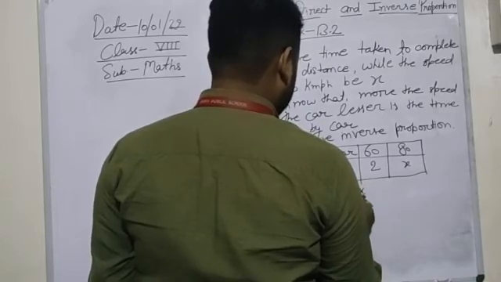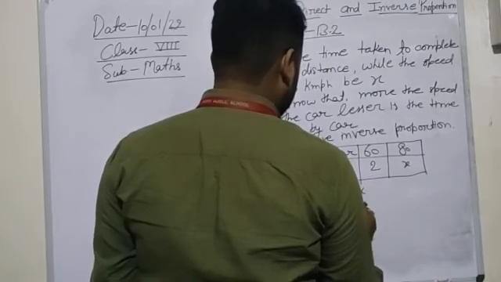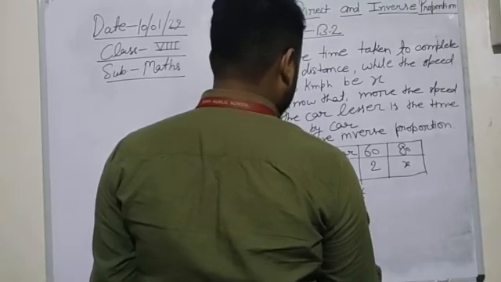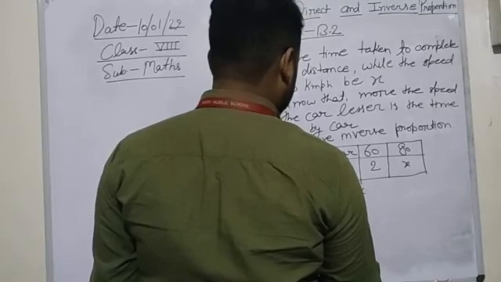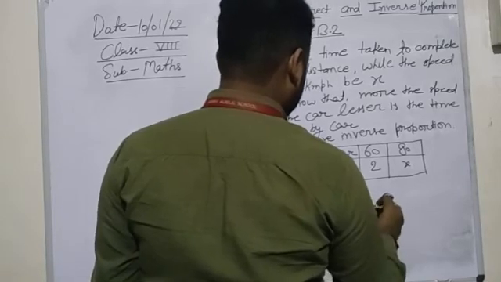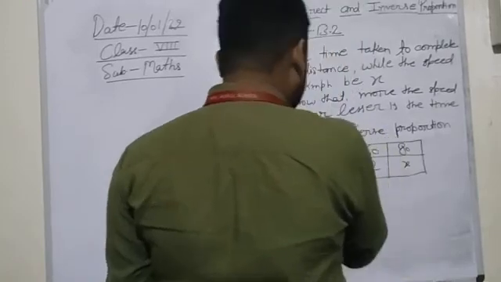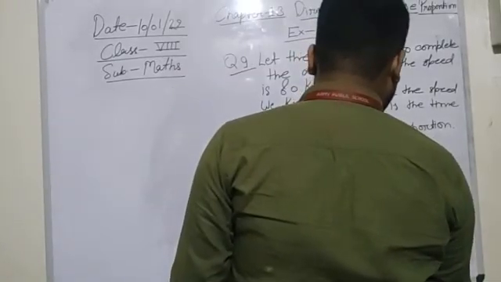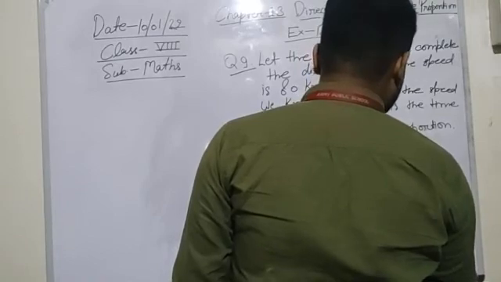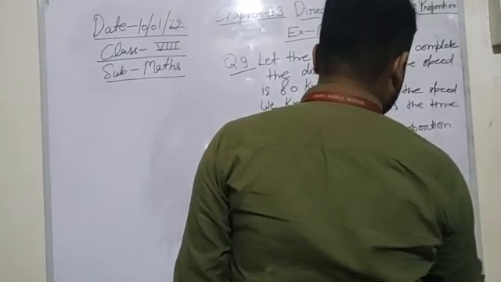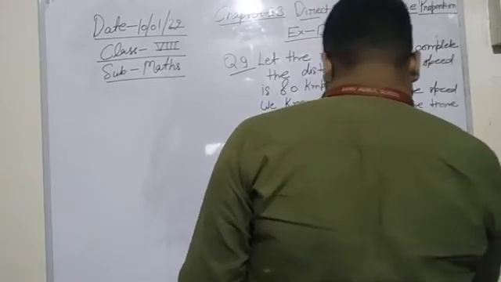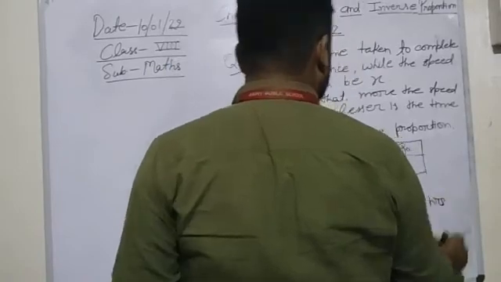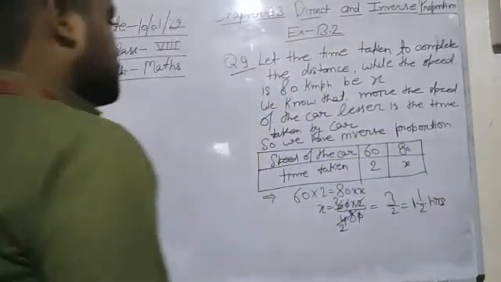So x is 3 by 2, or 1 whole 1 by 2 hour. So note it down.